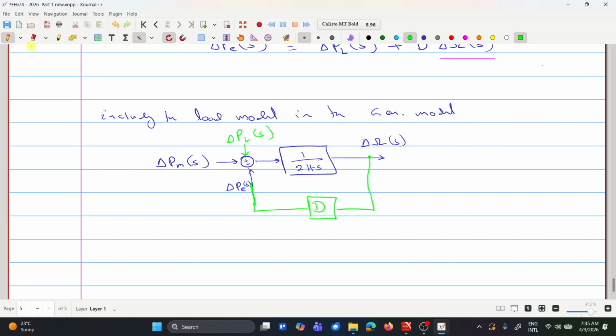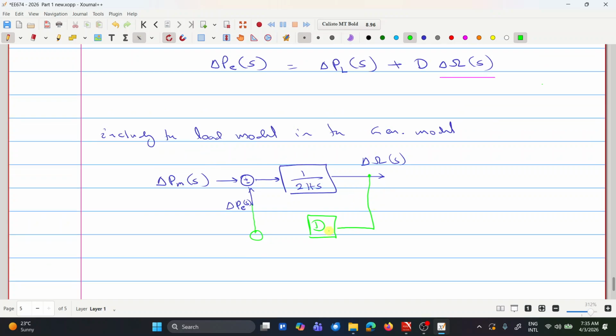Actually, I will go one step at a time rather than going straight forward. So here you can say that this D times delta omega s plus delta PL. So this is plus, and here this is minus, so you can take this delta PL to here also.